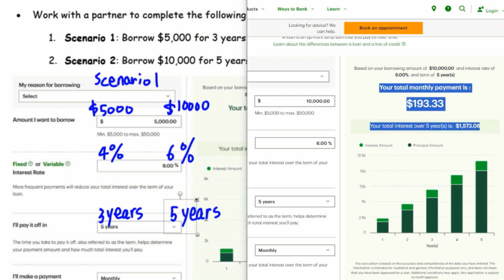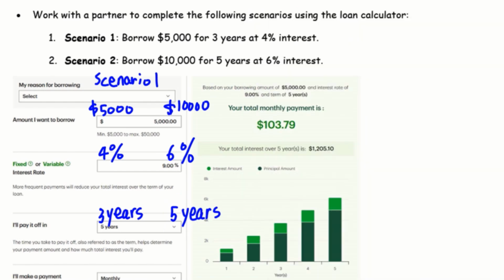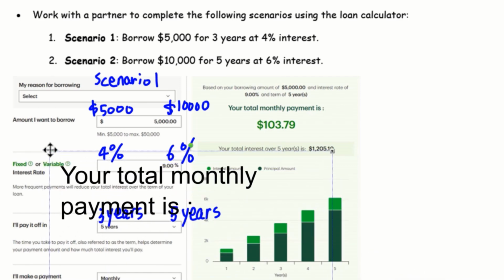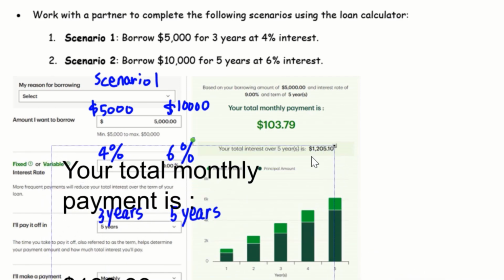This is what we have got from the online calculator. I will add another text box and put that one here, just make it smaller.